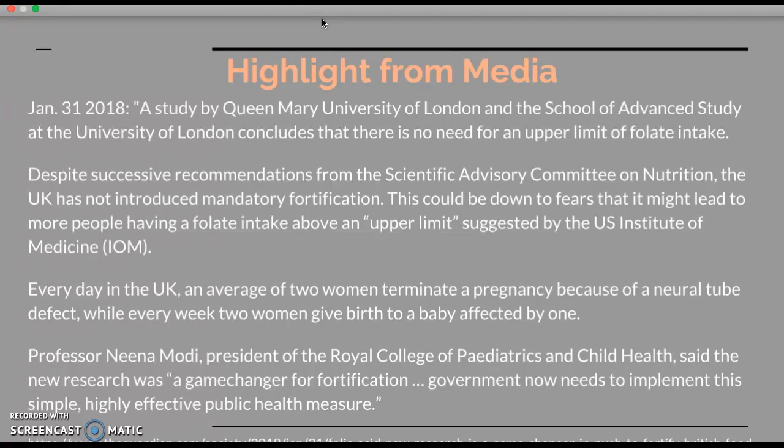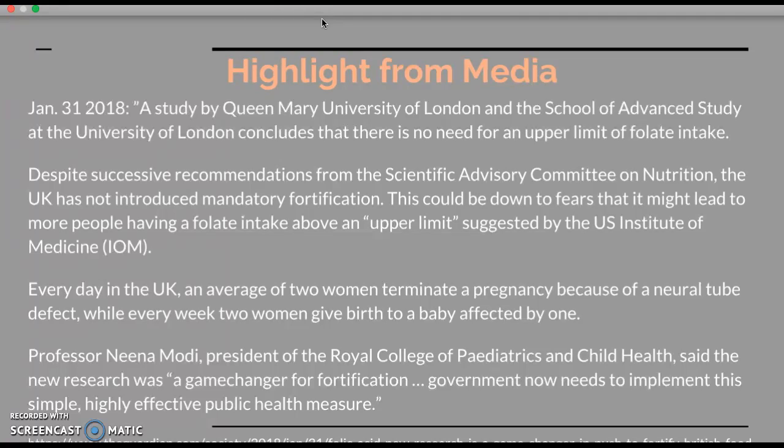This could be down to fears that it might lead to more people having a folate intake above an upper limit, suggested by the US Institute of Medicine. But every day in the UK, an average of 2 women terminate a pregnancy because of a neural tube defect, which is caused by a deficiency in folate.